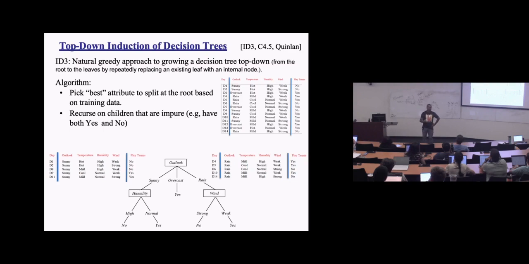I'm going to pick something that helps me make a more certain decision, that reduces uncertainty, that maximizes gain. Let me go over the concept of entropy and then things will be more clear.